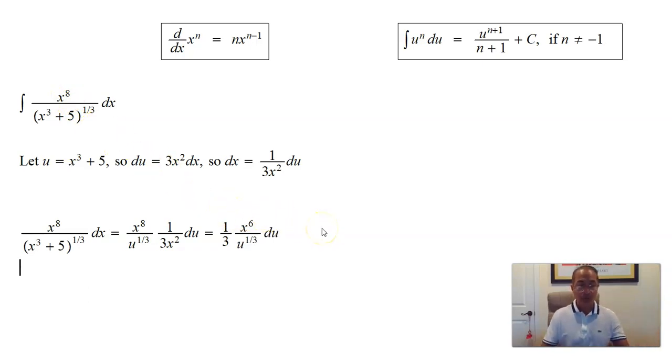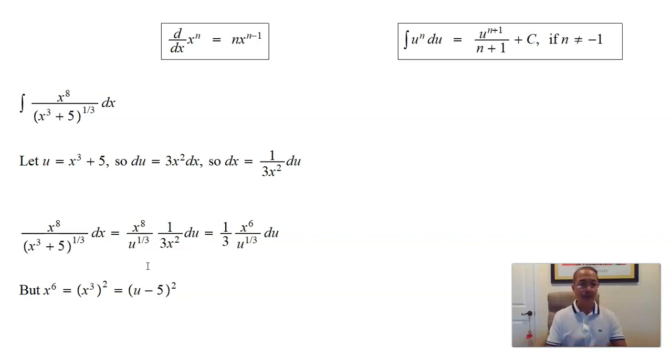So we have a way forward. So x to the 6th is x cubed squared. And we can get from our equation here, x cubed is u minus 5.